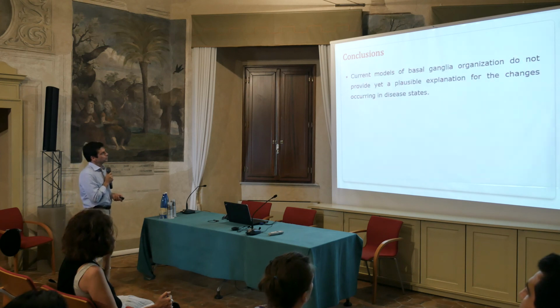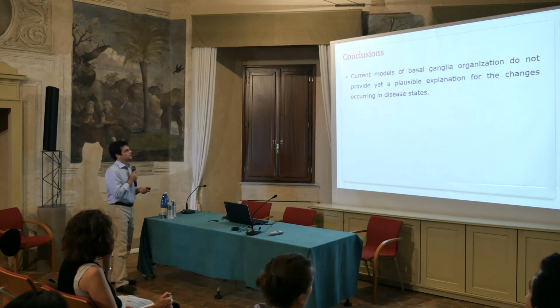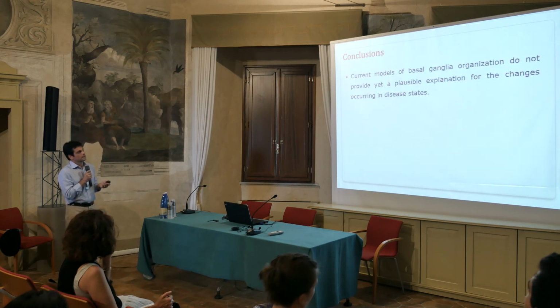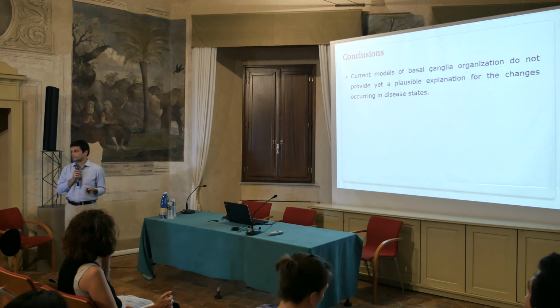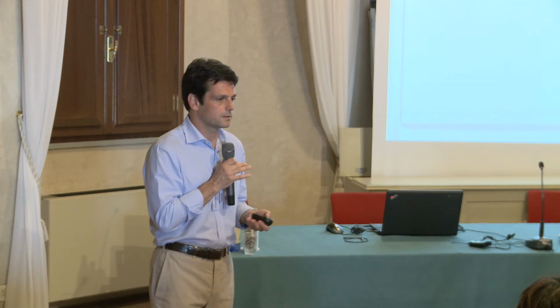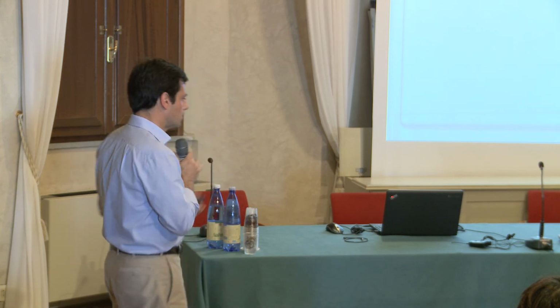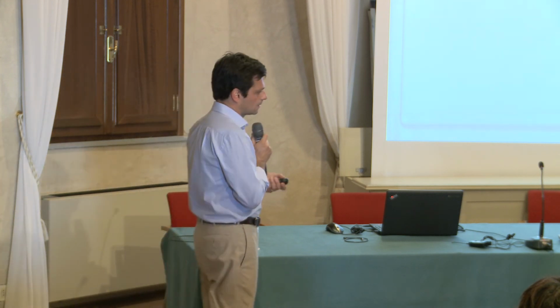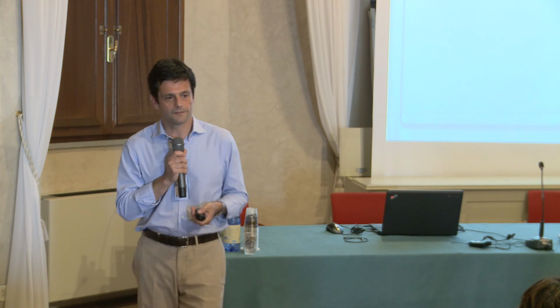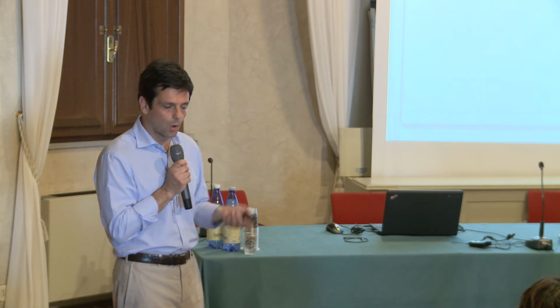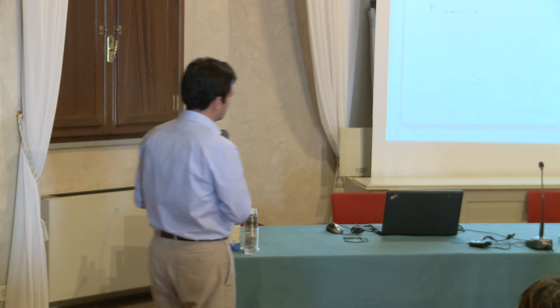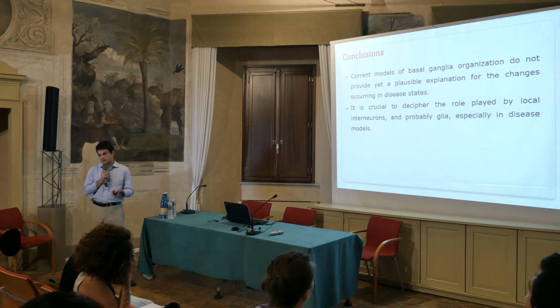Okay, so in conclusion, as I underlined in a previous part, there is much complexity that probably requires further revision of the model of basal ganglia function, especially in disease state.